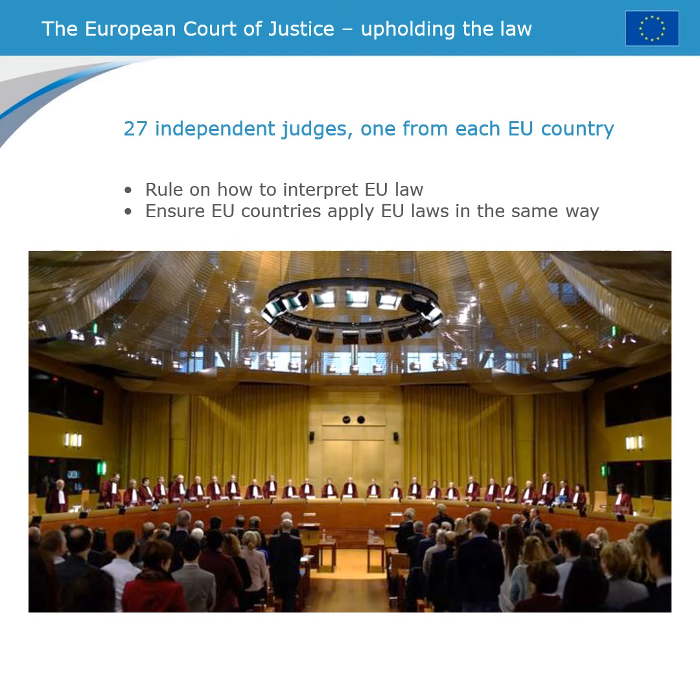The European Court of Justice, you see here, 27 judges. It's a very large court, one from every country, and they have the final say to interpret European laws. And they have one very important function. They can check European member countries that violate European laws.